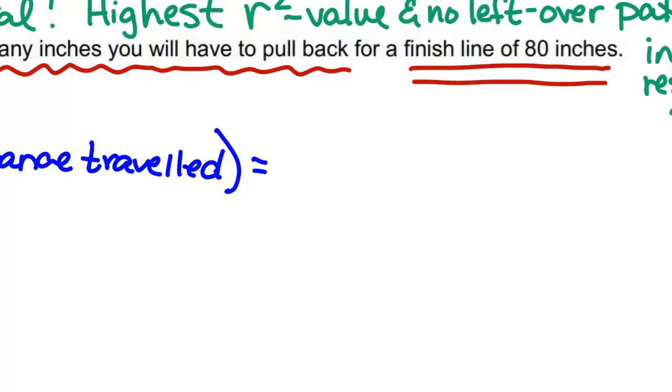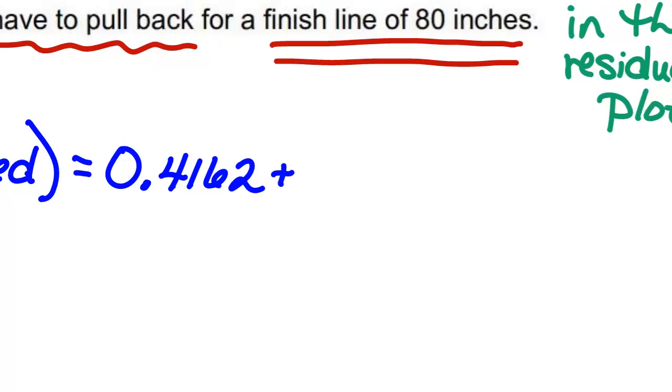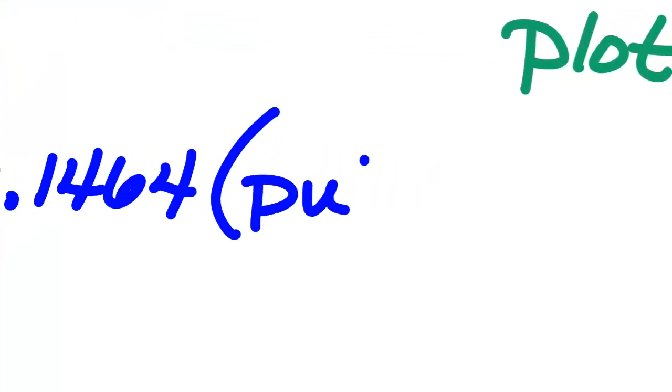What was that equation? Oh, 0.462? Got it. Sorry. 0.4162. My apologies. Times the pullback distance.